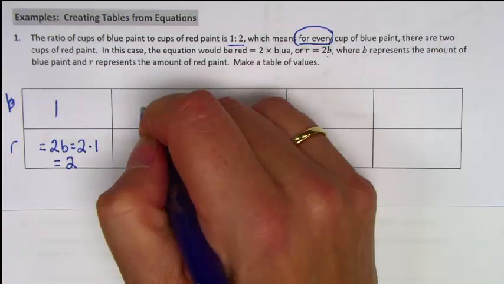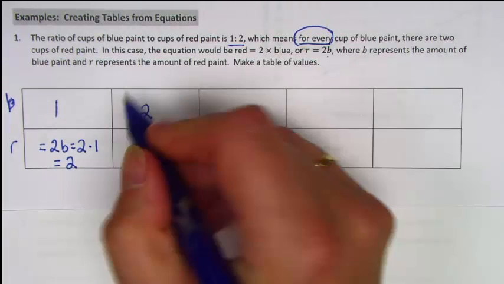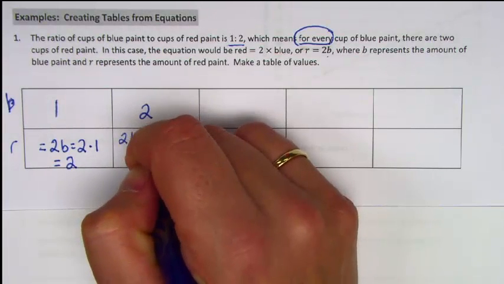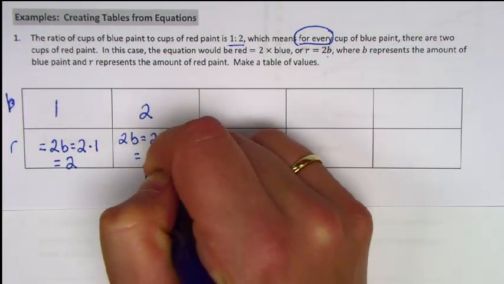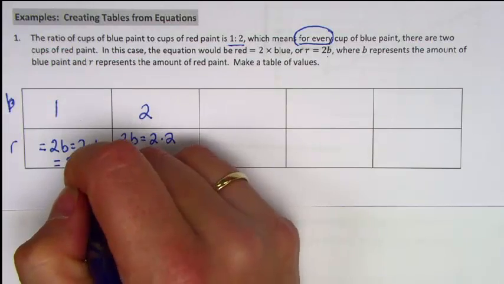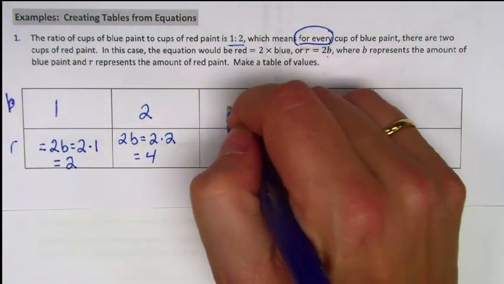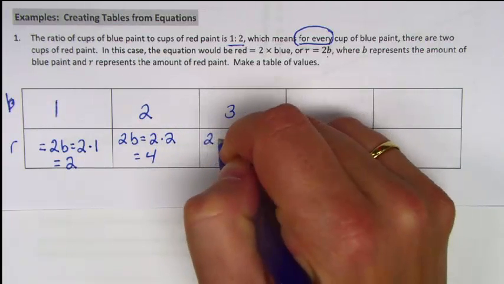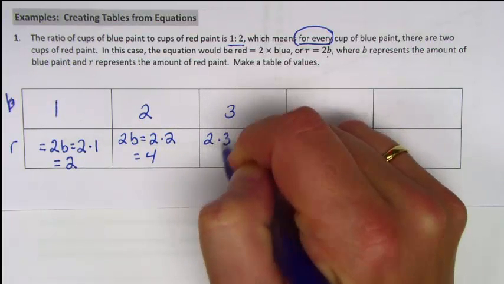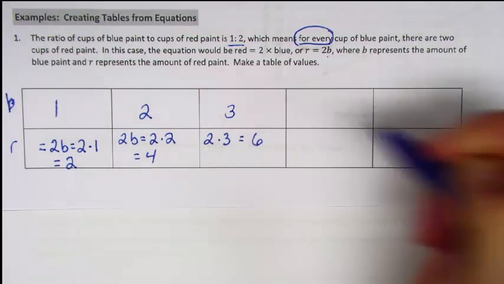If I have 2 cups of blue paint, my R is going to be 2 times B, which is 2 times 2, which is 4. If I have 3 cups of blue paint, my R is going to be 2 times 3, which is 6.